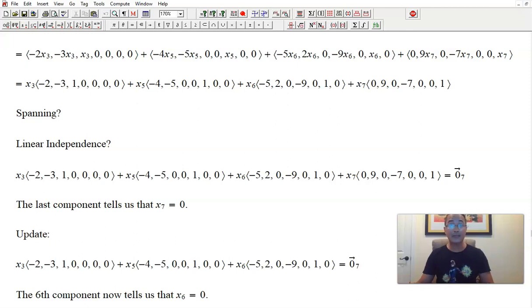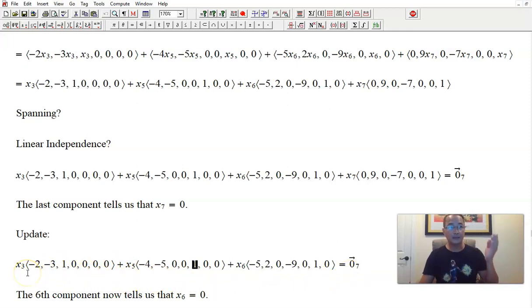And so on. I hope you see the pattern. Now you can erase the last term. You're down to 2 terms. What's next? This 1 in the 5th component tells us that x5 has to be 0. And finally, you have one vector left. When is the product of a vector and a scalar equal to the 0 vector?